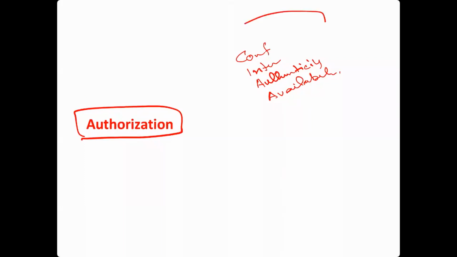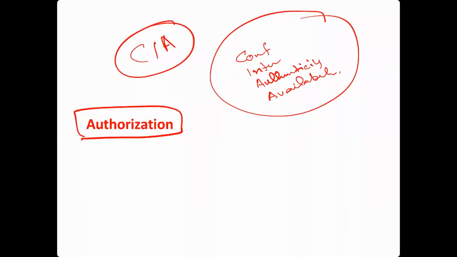Okay, so this CIA model we have covered so far. So if somebody asks you in an interview what you mean by security or cyber security, you will say that we want to achieve confidentiality, integrity, authenticity, and availability.